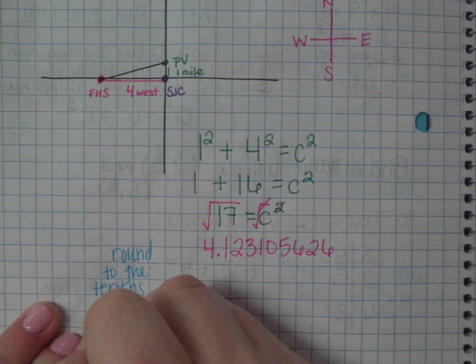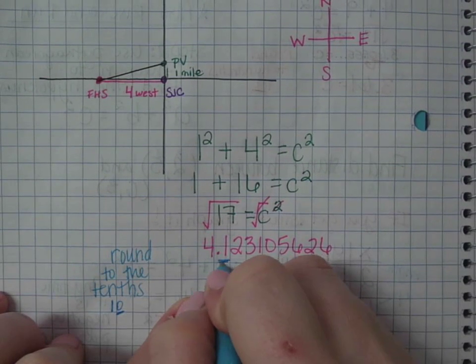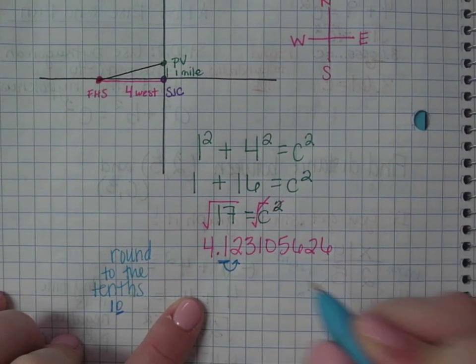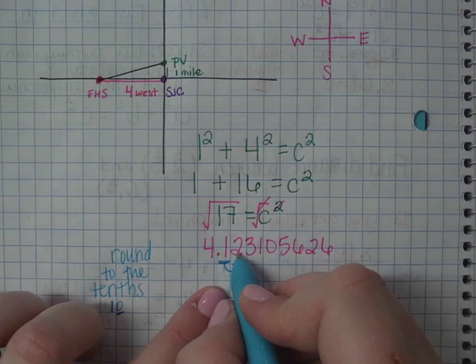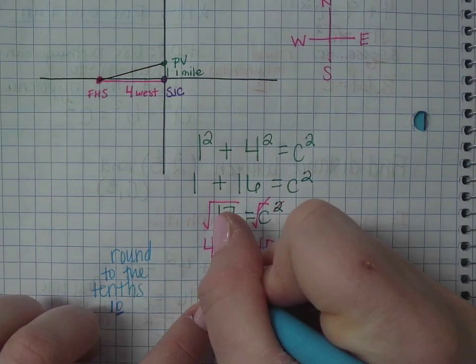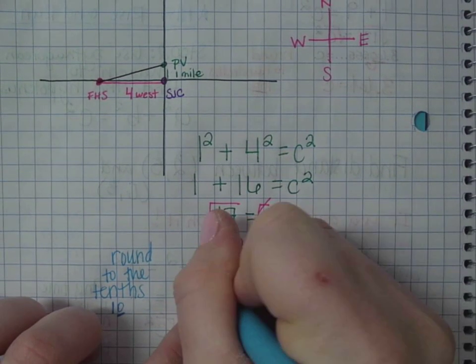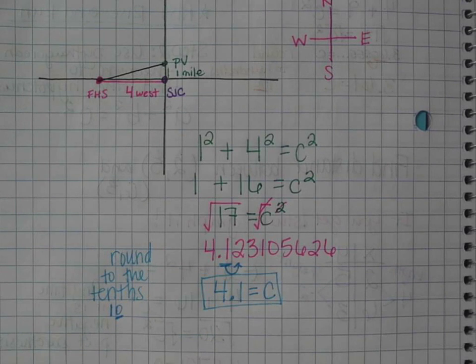So, tenths, a 10 has 1 zero, meaning I need 1 decimal. So I need to look at the second number and see what it rounds to. So 4.12, that 2 makes the 1 stay, so it would be 4.1 equals C. Okay, so that's distance on a grid.